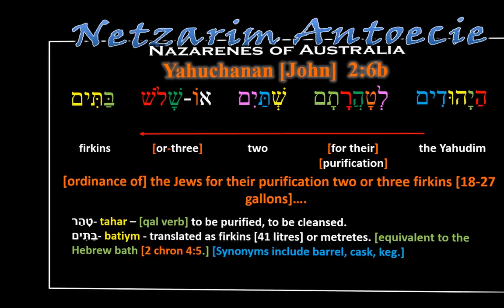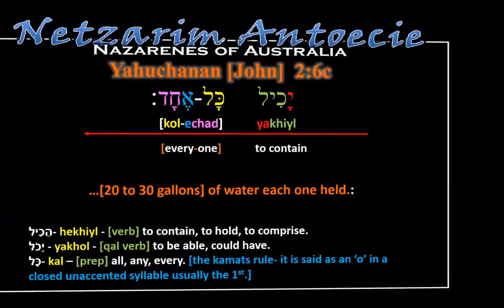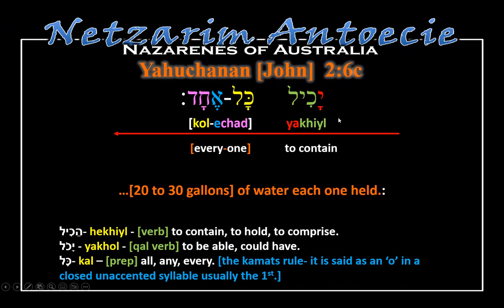And so we now come to 6c. And we have a yod, kaf, yod, lamed. Kaf, lamed, aleph, chet, dalet. So we read it, yakil, to contain. So how do we get that? It comes from hekil, a verb to contain, to hold, to comprise.